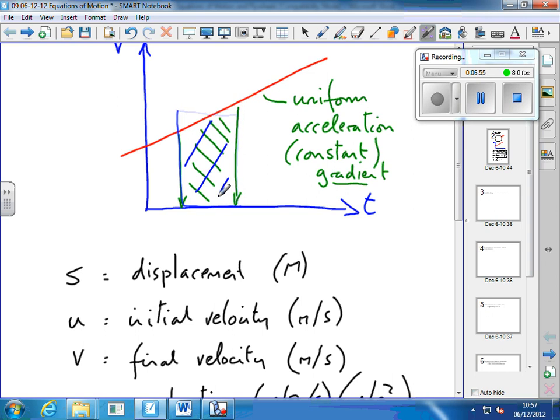So actually the area under the curve between 2 points gives us the displacement.